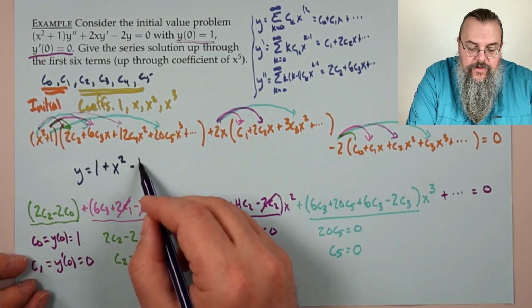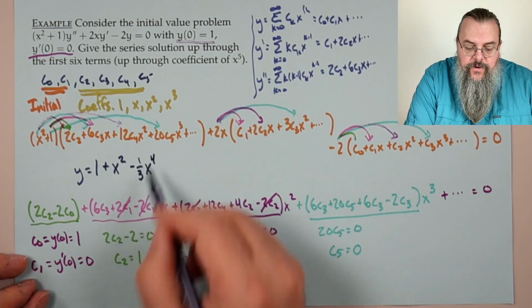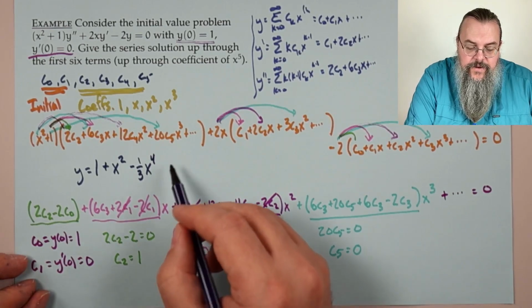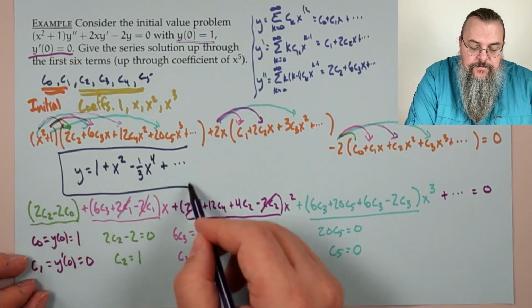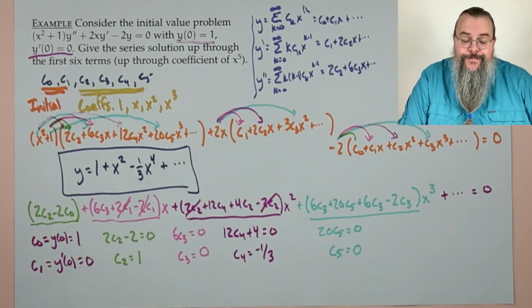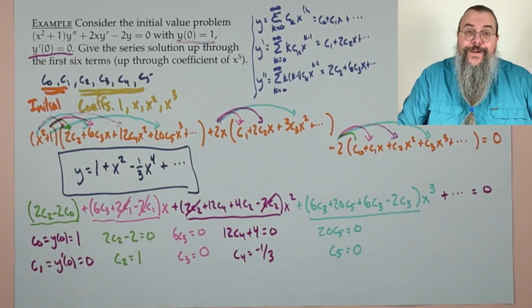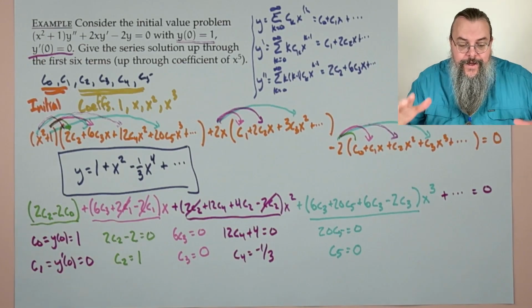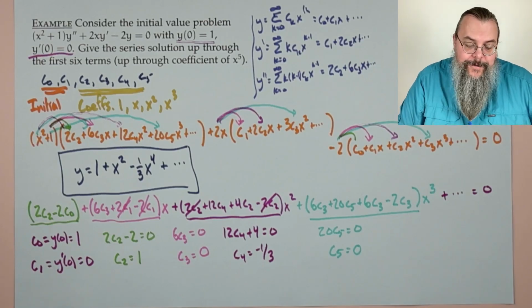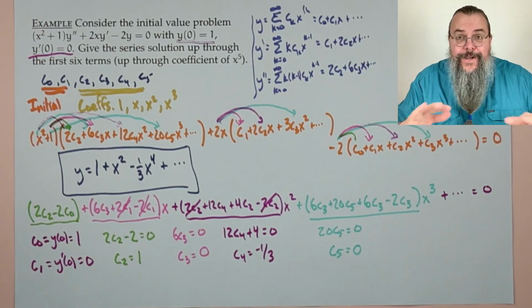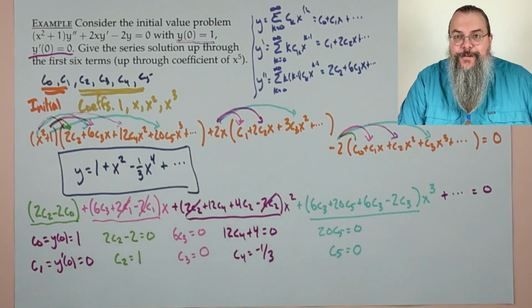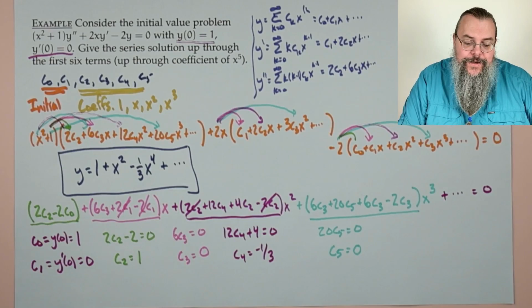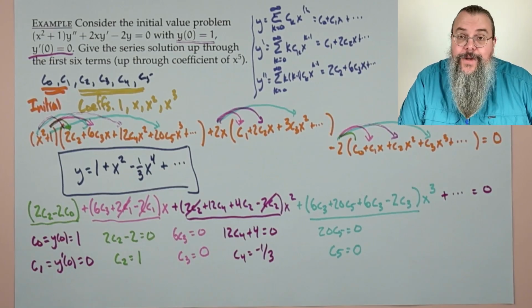C4, minus 1/3 x to the 4th. Then C5 is 0, and so our solution has that form: 1 plus x squared minus 1/3 x to the 4th, and so forth and so on. And there we go. Now you won't get any canceling crazy thing like we did before, so it would really be a big, long, infinite series. But that's all we need.